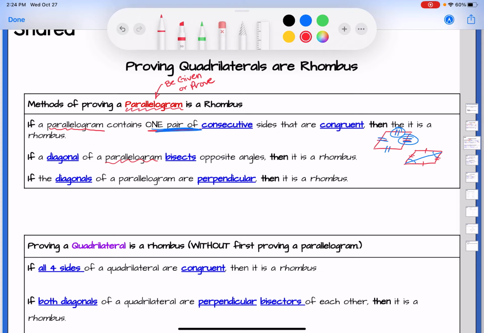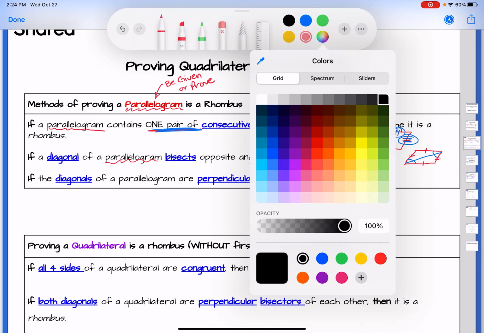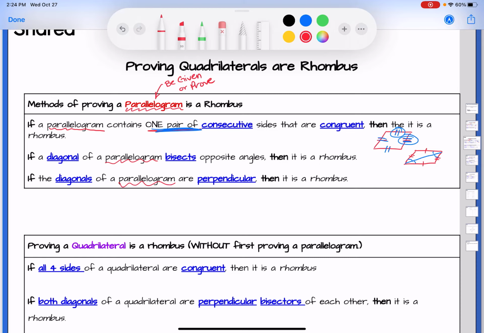All right, the last one then: if the diagonals of a parallelogram are perpendicular. So again, if I know that I have a parallelogram already, then I know that the diagonals are bisected, but if my diagonals are perpendicular and they're bisected, then it has to be a rhombus.